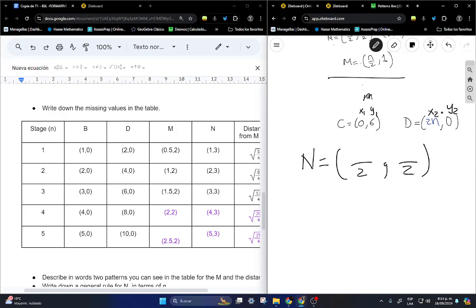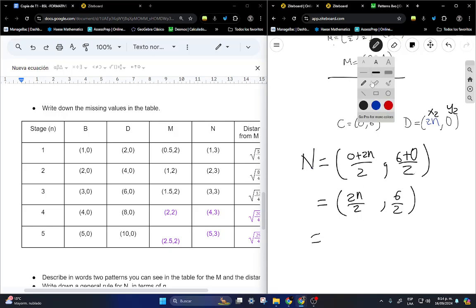So x1 plus x2, 0 plus 2n. Y1, 6 plus y2, 0. We can simplify: 0 plus 2n is just 2n divided by 2, and 6 plus 0 is just 6 over 2. Yep. But here, let me teach you a trick.